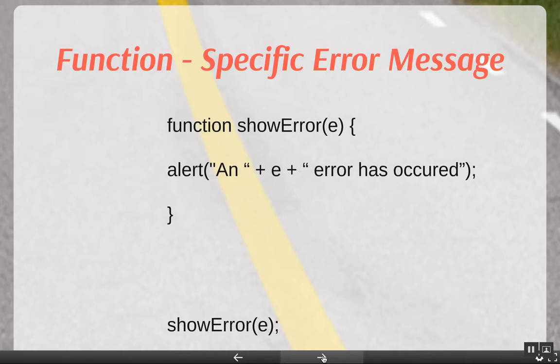And then below it has the call showError sending in an argument of e, which is the type of error there was. So here we can see that e represents the specific error that occurred, and if we send that argument along with the call to the function, it can be accepted as a parameter and used in the function to make the error message much more specific depending on what the error was.